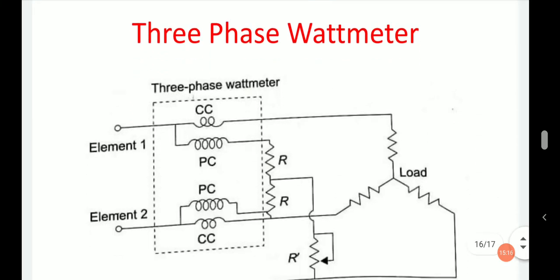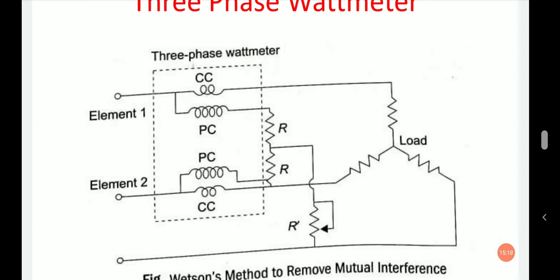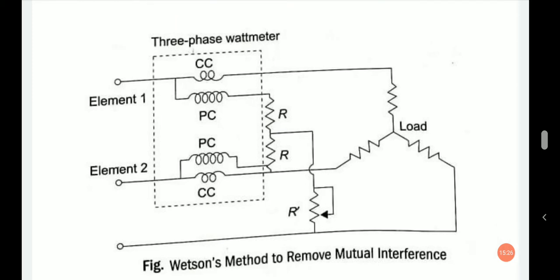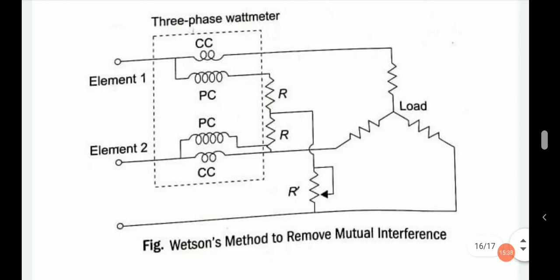To eliminate this effect, the elements are shielded from each other by using a laminated iron shield. Another method is known as Watson's method, and it is shown in the figure. The value of resistance R can be adjusted as per the requirement.